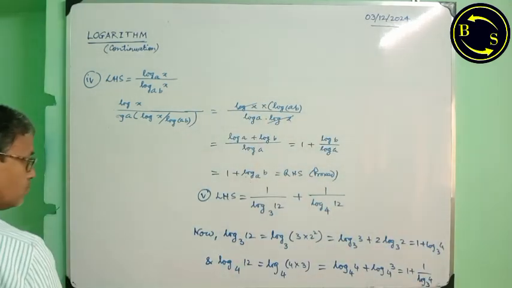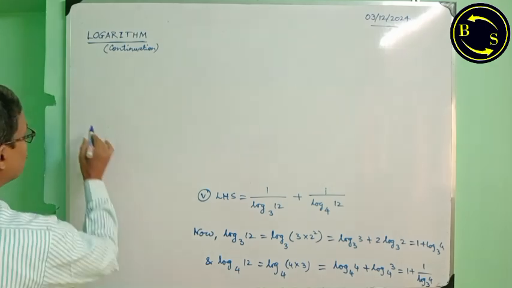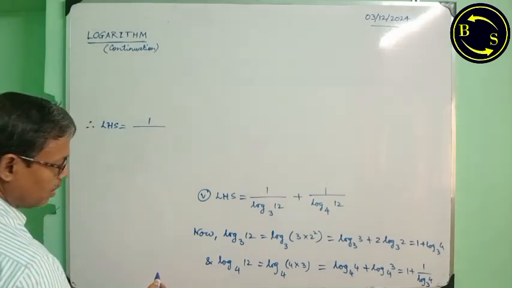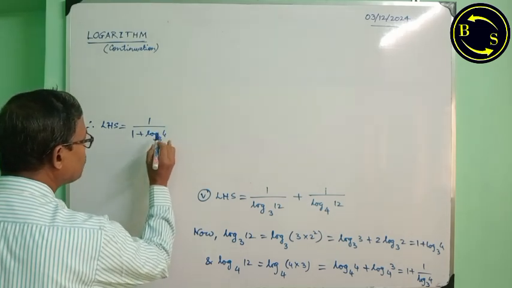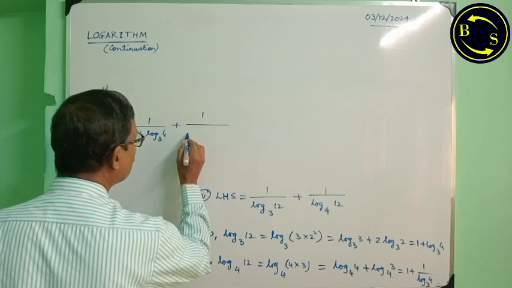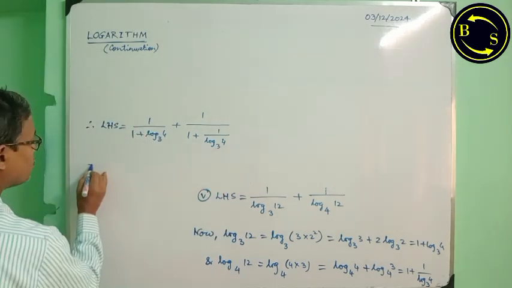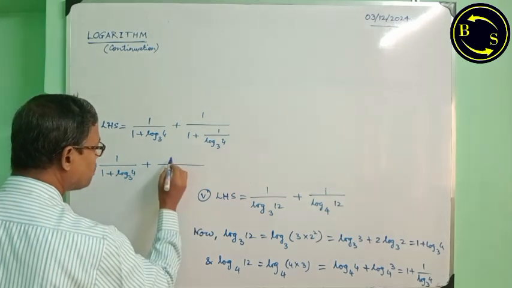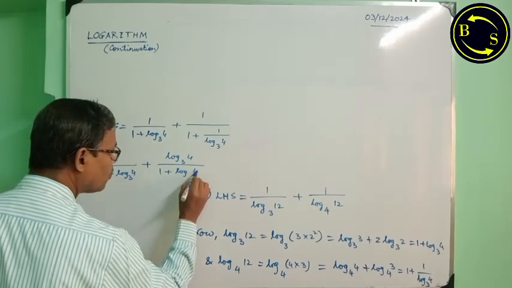Therefore, LHS is equal to 1 by 1 plus log of 4 to the base 3 plus 1 by 1 plus 1 by log of 4 to the base 3, that is equal to 1 by 1 plus log of 4 to the base 3 plus, after simplification, log of 4 to the base 3 in the numerator over 1 plus log of 4 to the base 3.